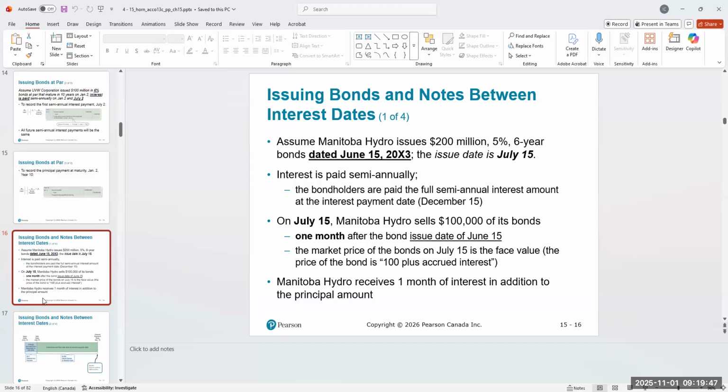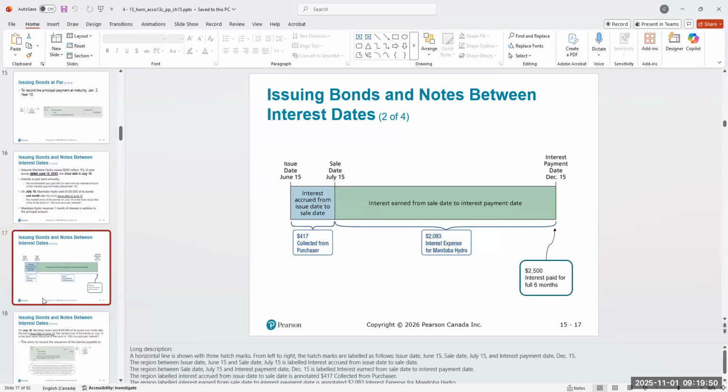So, for example, if the bond pays interest every 6 months, and somebody bought the bonds 1 month after the payment date, so there are 5 months left to the next interest date, he's going to pay us the interest for 1 month. And at the end of the period, he's going to get the interest not for 5 months, but for the entire 6 months. So he's going to get his money back.